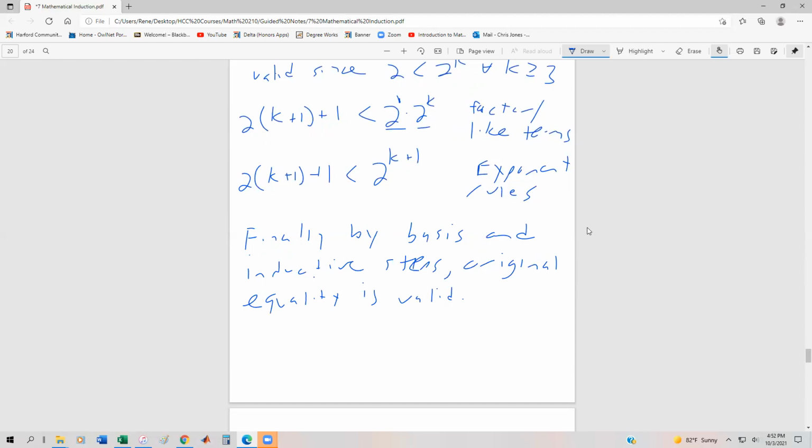Therefore, for all n greater than or equal to 3, we can say that 2n plus 1 is less than 2 to the n power. In the next video, we're going to take this a couple steps further and show you different ways to work with these sorts of inequalities.